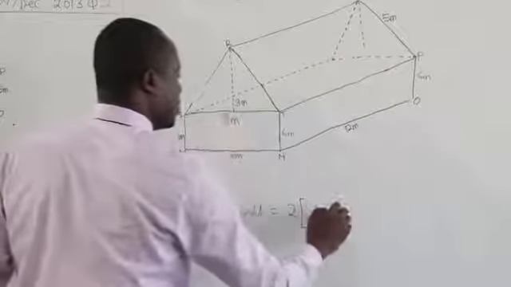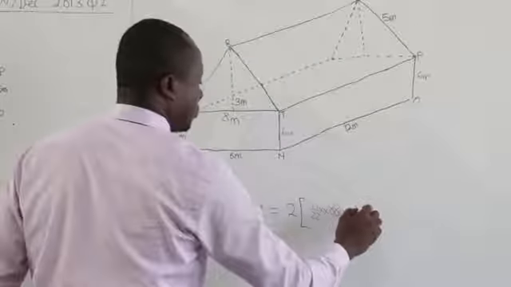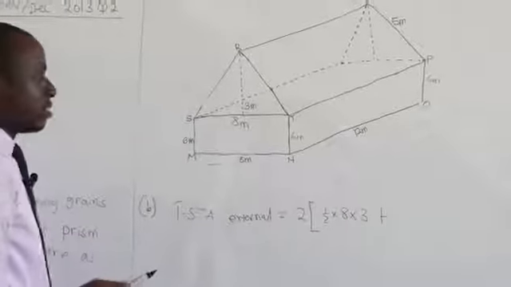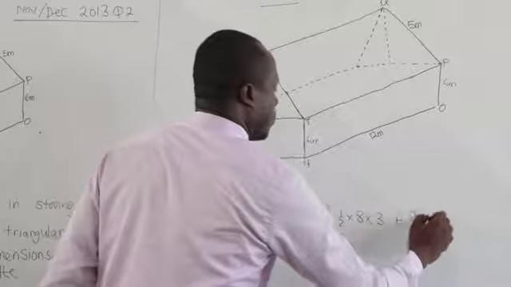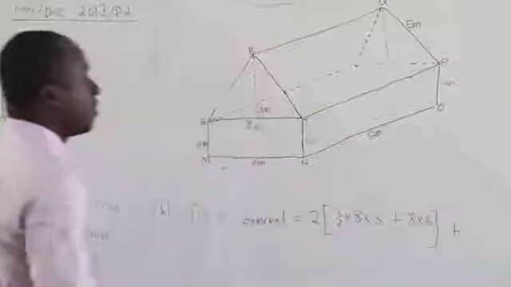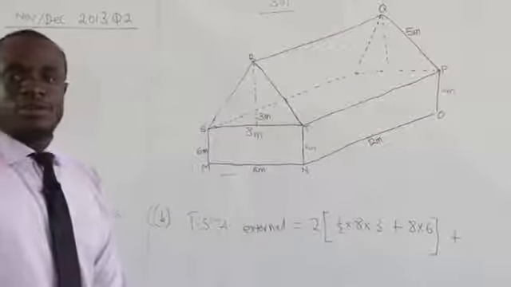The base is 8, times the height is 3. Plus, that is the triangle, plus the rectangle. What is the area of the rectangle? That is 8 times 6. So I'm done with this side and then that side. That is why I've brought a factor of 2.